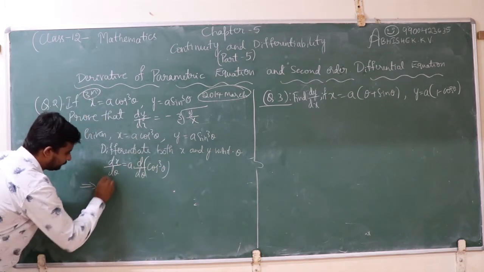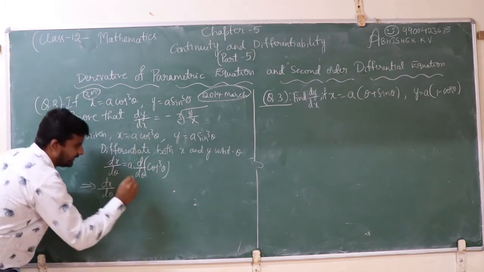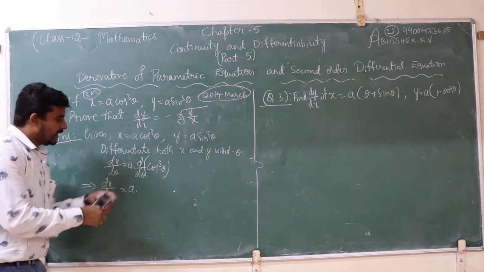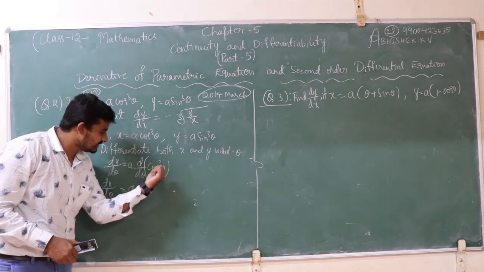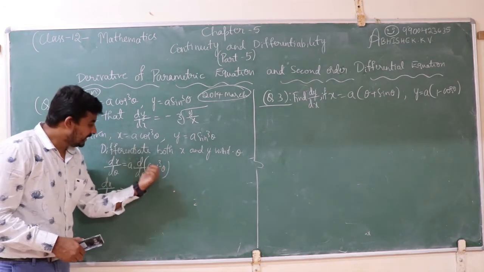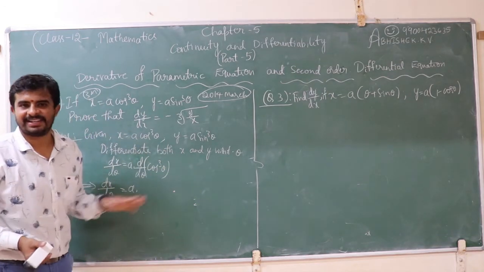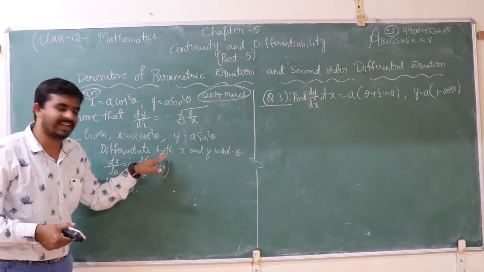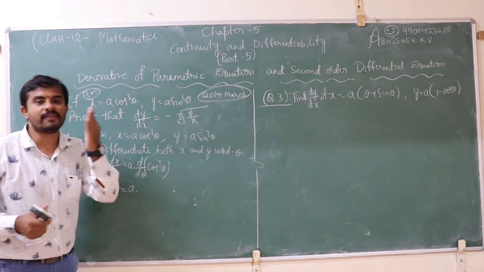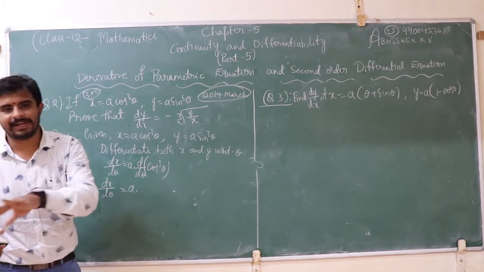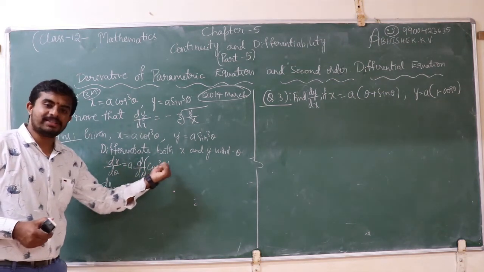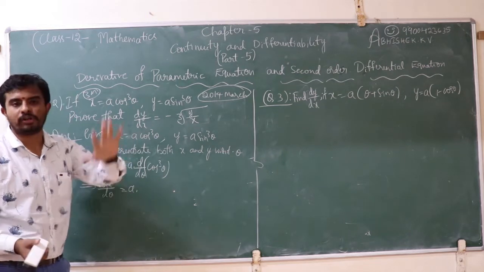This implies dx by d theta is equal to a into, see, it is not only containing cos theta, it has the power 3. So it is of the form x to the power of n, where x is the trigonometric function and n is 3. The derivative of x to the power of n with respect to x is n into x to the power of n minus 1. Instead of x we have cos theta whole to the power of 3.